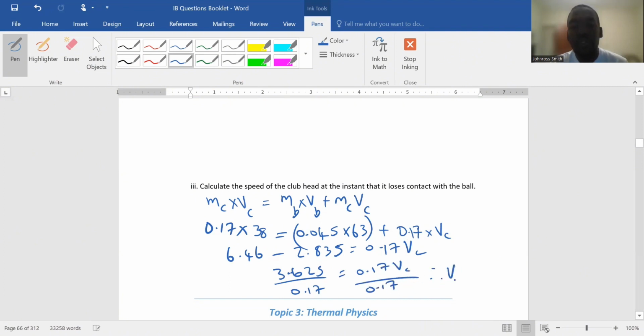So therefore, the velocity of the club would be 21 meters per second. All right, and this would be the velocity of the club after it is in contact with the ball. And notice its speed will decrease because it was at 38. Now it's going to lose some momentum, so it is now at 21 speed.